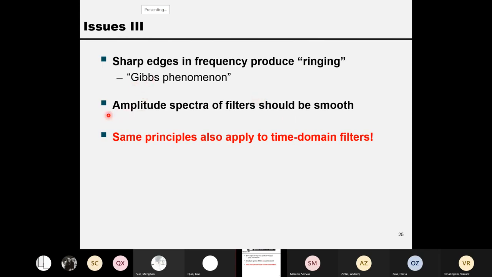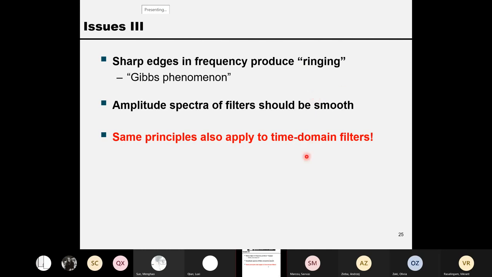Another thing is that the amplitude spectrum of the filter is not smooth. Ringing appears at the edges of the filter bands, but inside the filter the amplitude also has something similar, which we should call not smooth. Those two are the important principles we should apply to the filter.